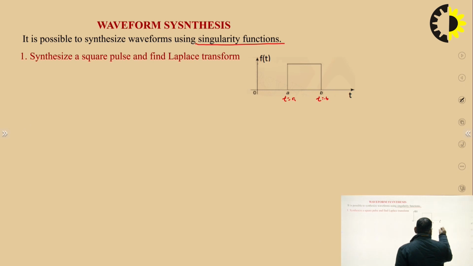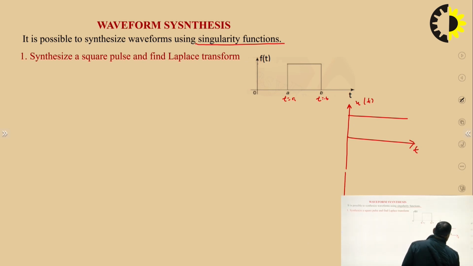Earlier we have this type of wave shape. Suppose this is your time t and this is your u(t). Suppose we have this wave shape. This step is starting at t is equal to 0, and this unit step is starting at t is equal to a.